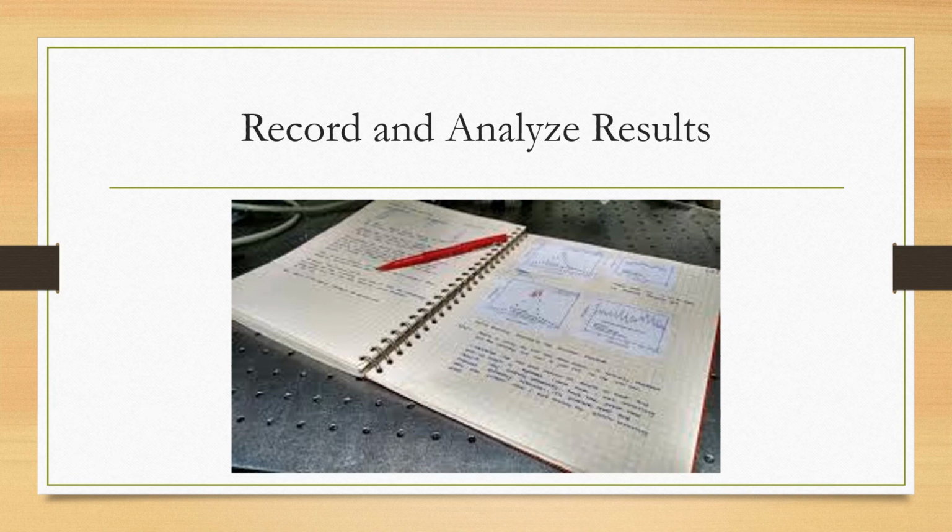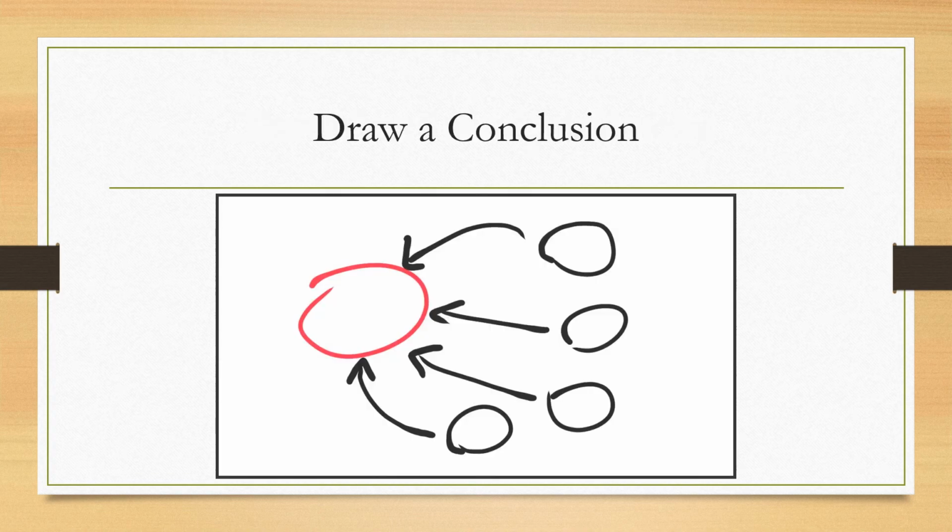I can do it on computer, but generally the accepted method in science research is to take copious notes in paper notebooks, because that's, I don't know, somehow considered a more permanent record. And then, of course, I'm going to analyze the results of my experiment. After analyzing my data, I'm going to come to some conclusion as to whether or not my hypothesis was true. So I'm going to put all the data together and draw a conclusion.